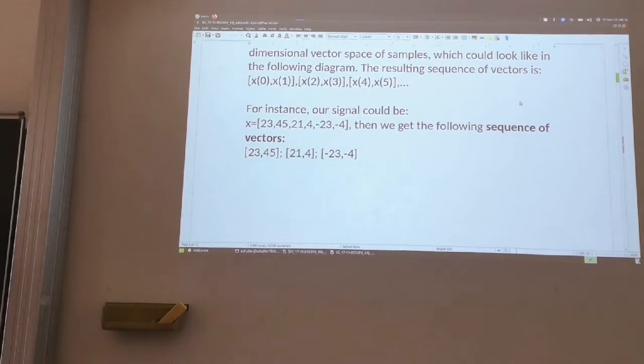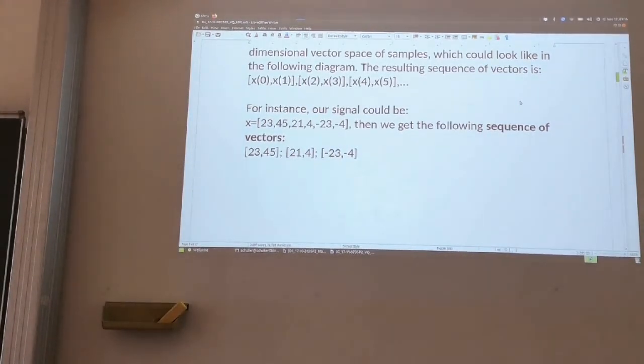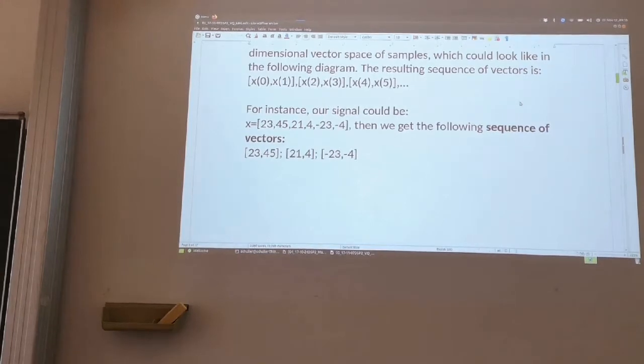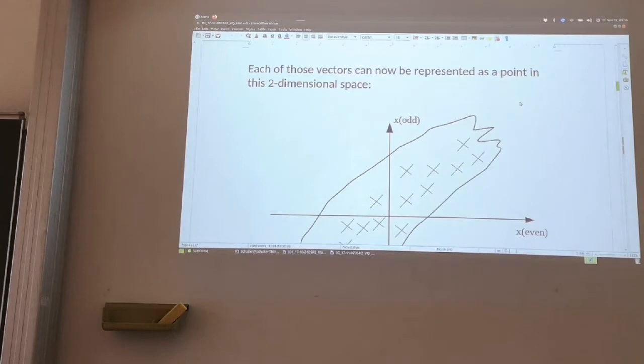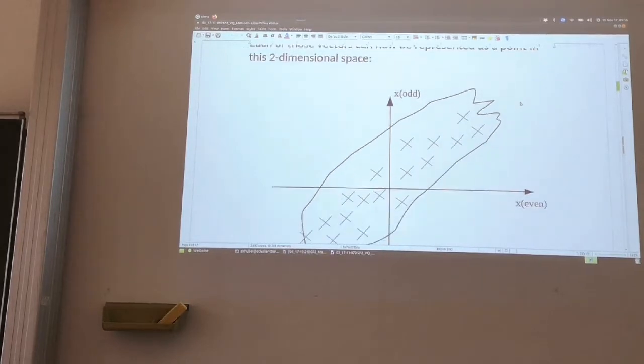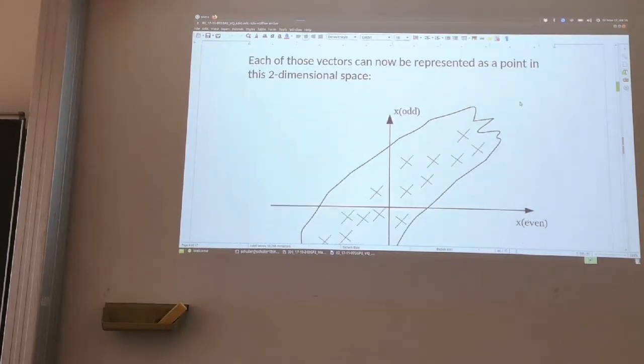So now we have a sequence of 2-dimensional vectors, just by grouping them into blocks of 2.